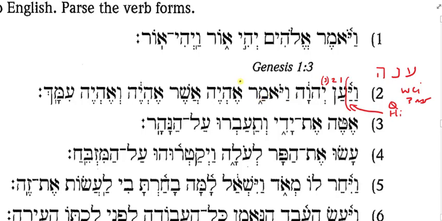And then I have the quotation. Here's what he said. This is in response to, what is your name? Who shall I say sent you? And he says, Ehyeh asher ehyeh v'ehyeh imach. What do I have here? I have what looks like a prefix aleph.